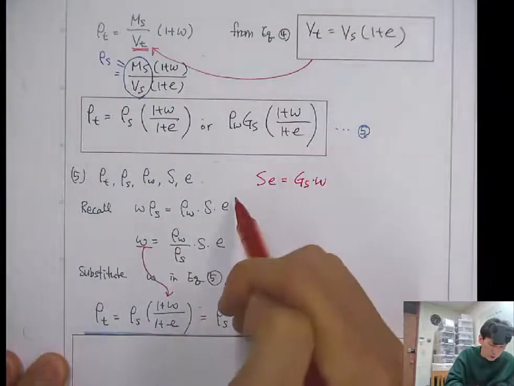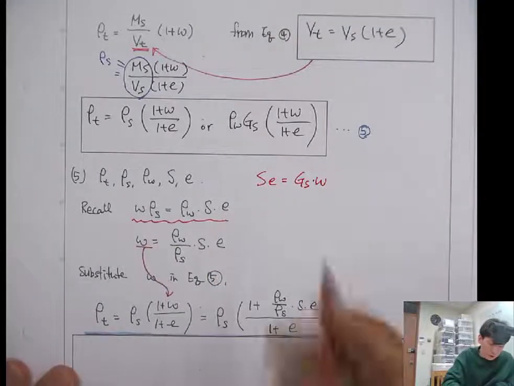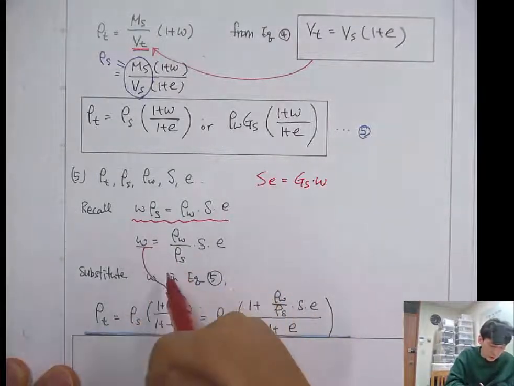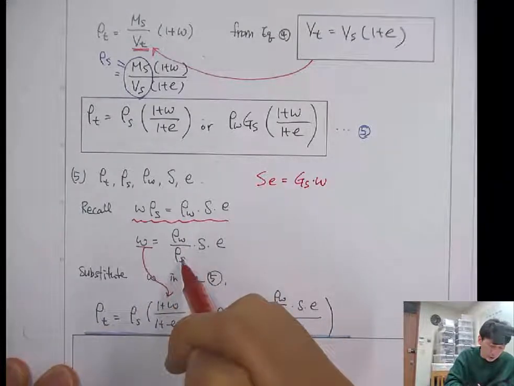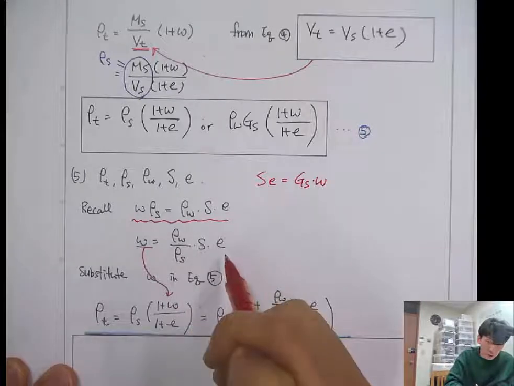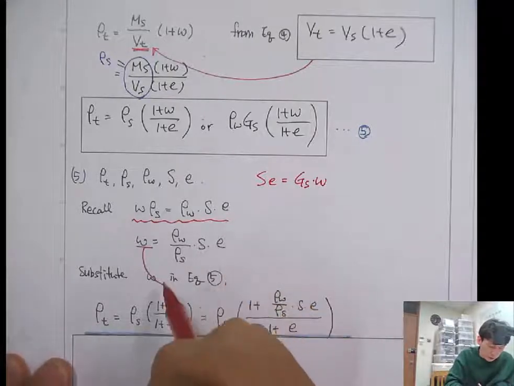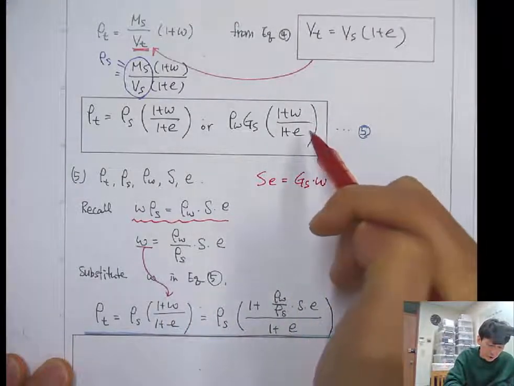From here, you can express the water content with rho s, rho w, degree of saturation S, and void ratio, and substitute this w into equation 5.